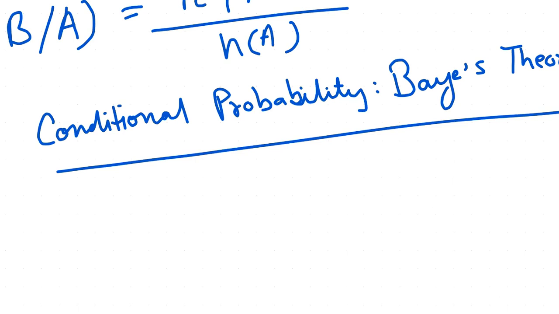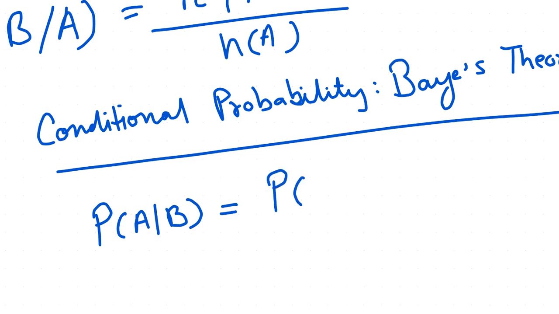Conditional probability of A, which is based on B, we can find by using this formula. If they give you the conditional probability of B based on A, and you have the probability of A and B also, then you can use this formula.